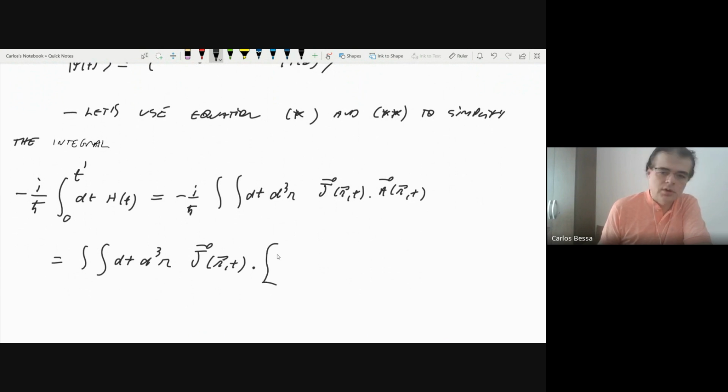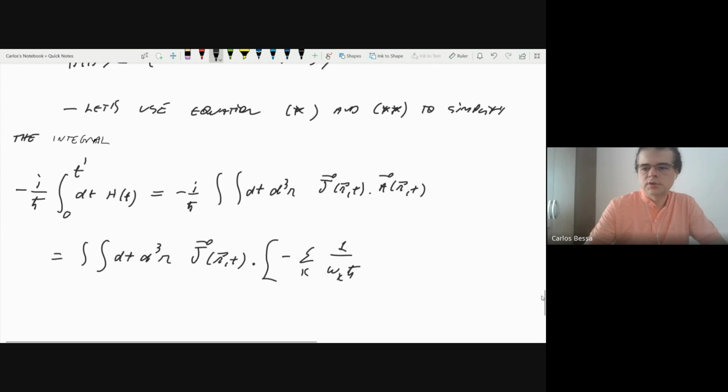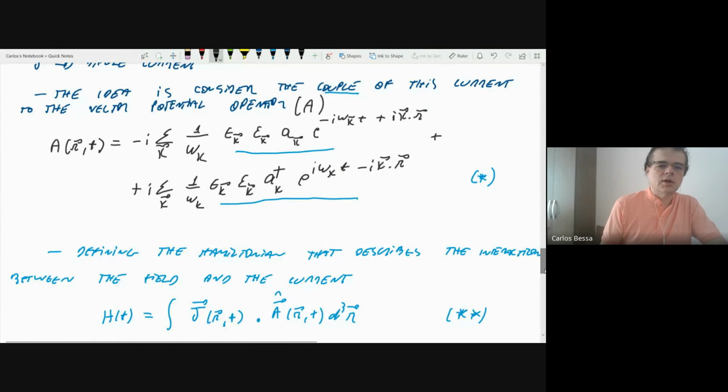But here is minus the sum over k of 1 over omega k h bar. This h bar here cancels with this, and this i, it's better with this i here, and the h bar will appear here.